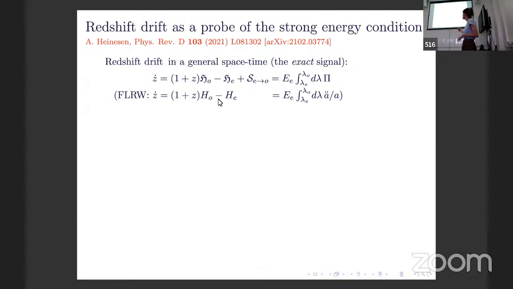So positive detections of redshift drift tell us that we have a violation of the strong energy condition within FLW physics.